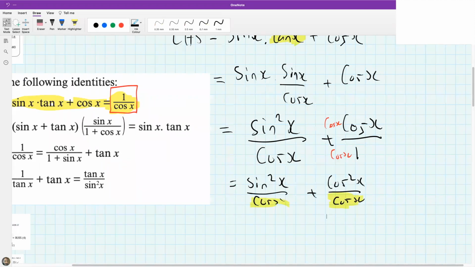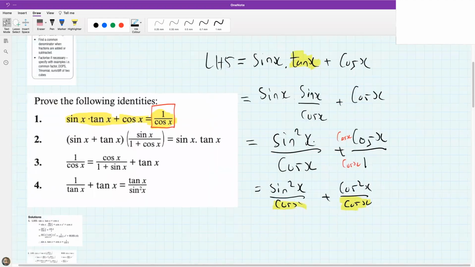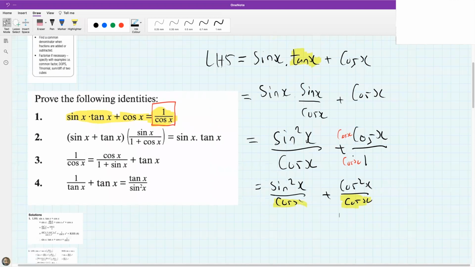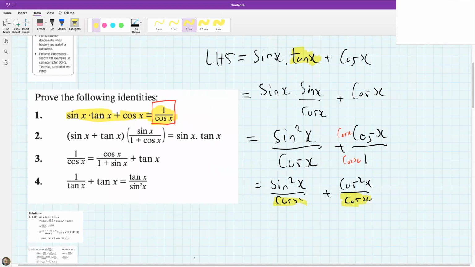Okay, everyone, we're almost there. What is my next step? Now that I've built my common denominator, what's my next step going to be? Let's go back to you.